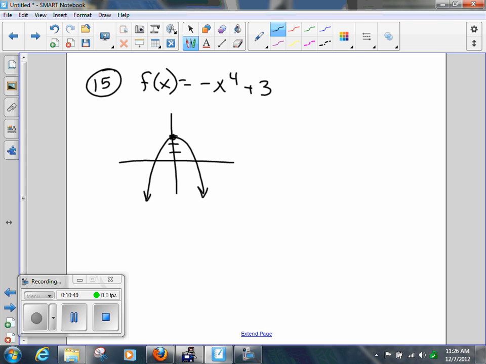Straight line, okay? I don't see any part of a straight line in this at all. Do you guys? And you look from negative infinity to 0. Is this curve a straight line from negative infinity to 0? No. It's increasing here, and it's decreasing here. Do you guys agree with that?